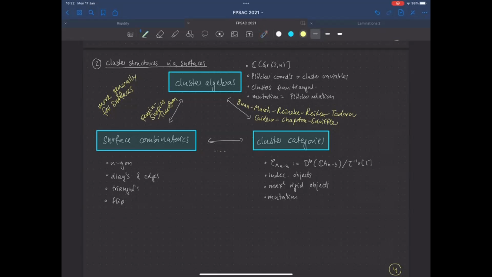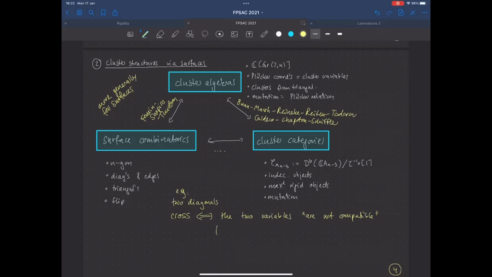And so other nice points about having a surface model is, for example, if we have two diagonals, or in general surfaces, it might be curves, and they cross if and only if the two variables are not compatible, which means they shouldn't belong to a common generating set.